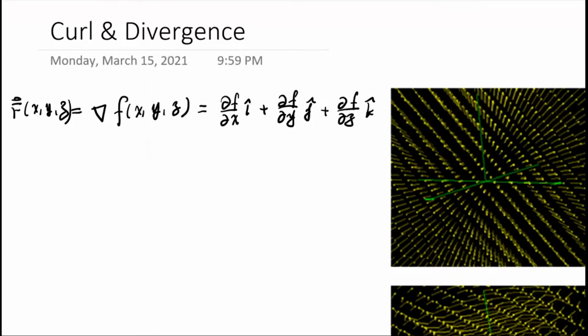If you have a vector field like that, how do you take a derivative of it? So that is today's topic. That was just a quick review.